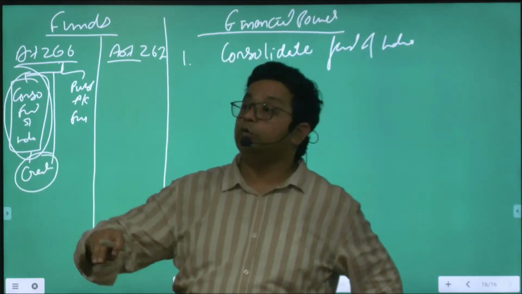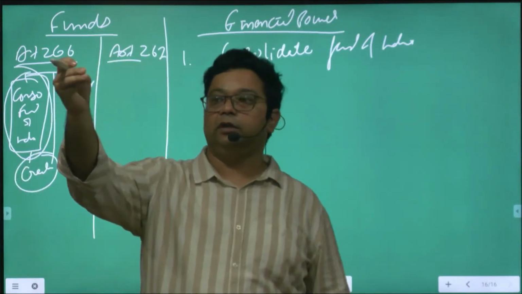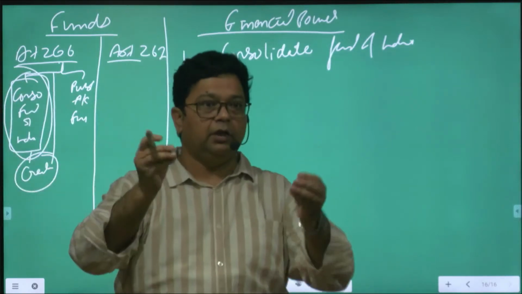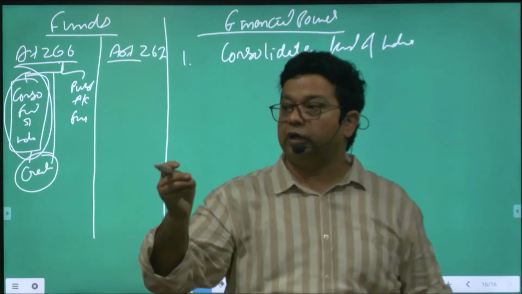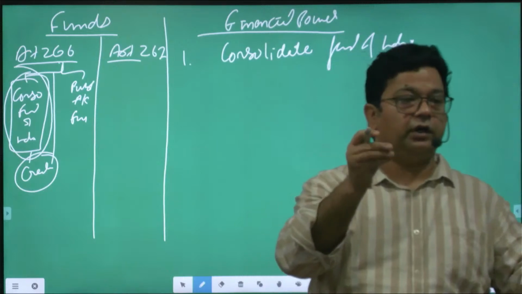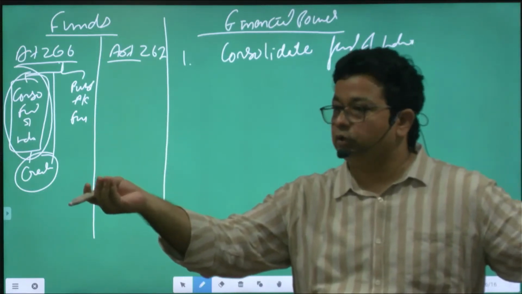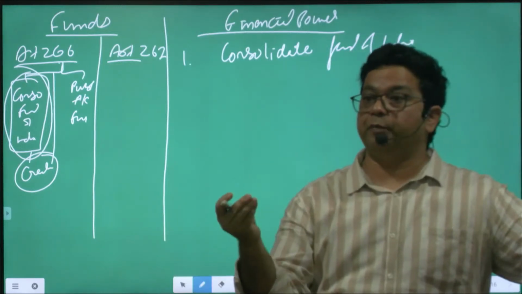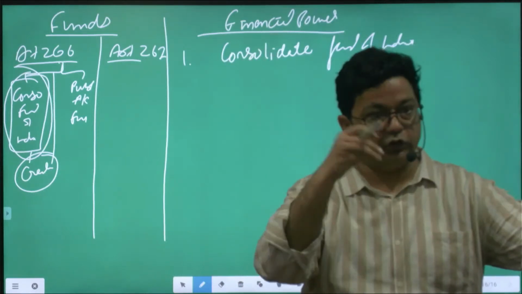Now the government wants to spend. To give Pradhan Mantri Jan Arogya Yojana, it requires some money. To give health insurance, it requires some money. To give housing for all, it requires some money. To give toilets, it requires some money. Yes or no? Whatever social service, or whatever they want to purchase, any technology from the USA, that also requires money.